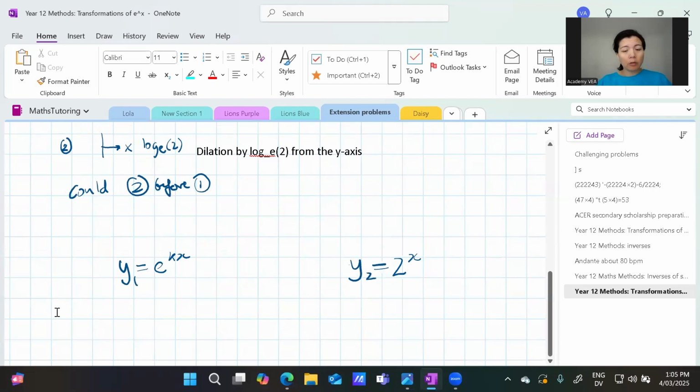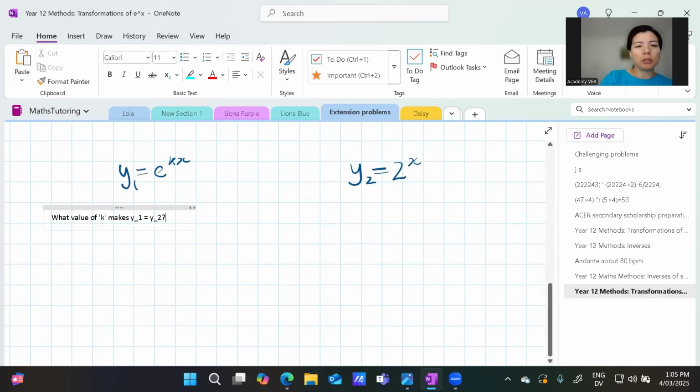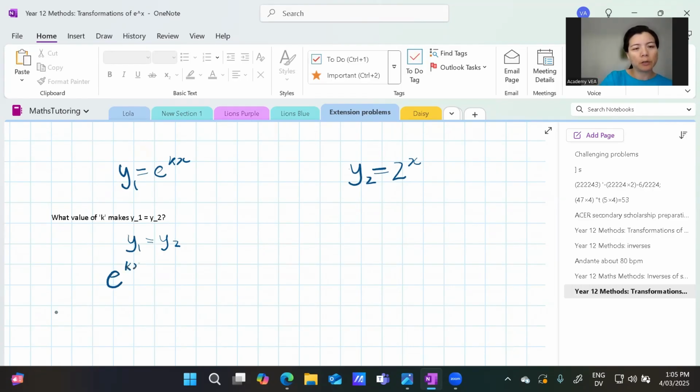Question is, in words, what value of k makes y1 equal y2? And so you can actually start the equation by saying y1 equals y2. So the right-hand side must equal. So we have e to the power of kx equals 2 to the x.